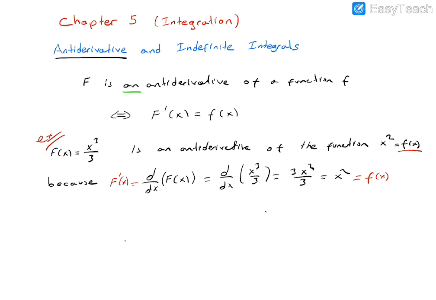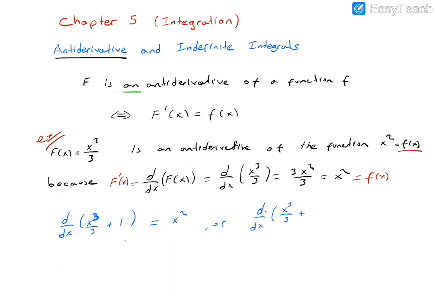Okay. For example, the derivative of x cube over 3 plus 3, or maybe 3 is a very special number, so let's say 1, is also x square. Or the derivative of x cube over 3 plus any constant number, okay?